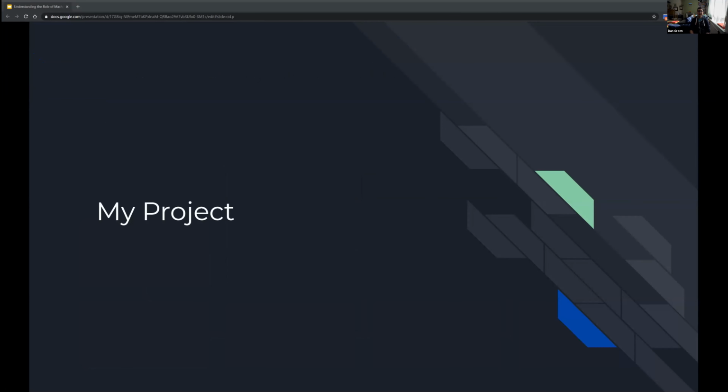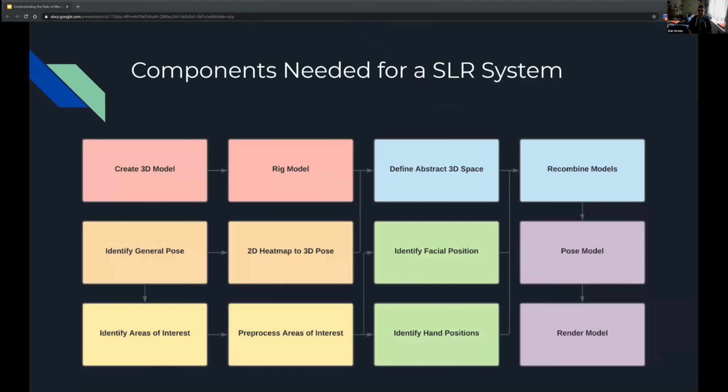So the idea is coming up with a system that can recognize what signing is happening on the body of the signer, and re-represent that using a 3D model. And hopefully that will become a bit more clear as I go through the system. But as I say, it's not based on translation. It's based on understanding what we need to capture in these videos in order to effectively represent the language and understand what it is that we've captured.